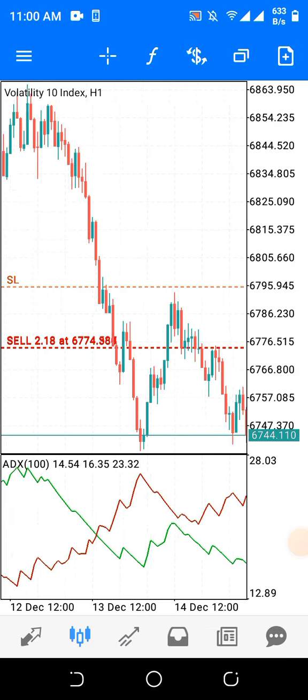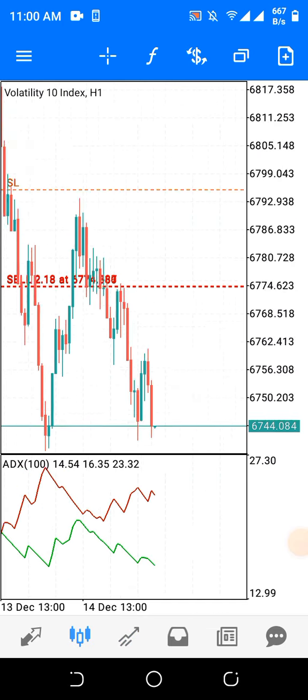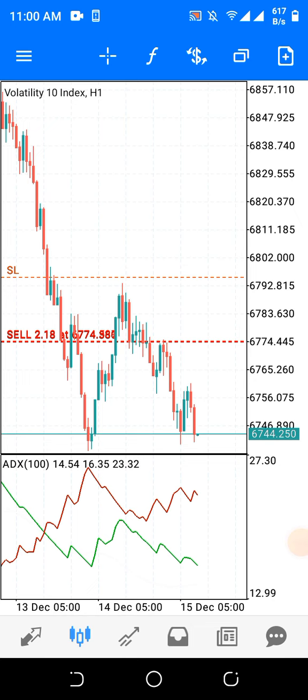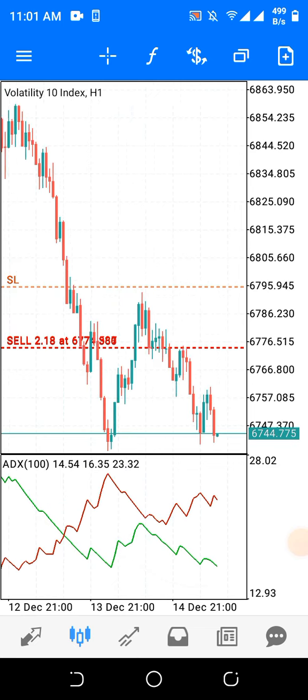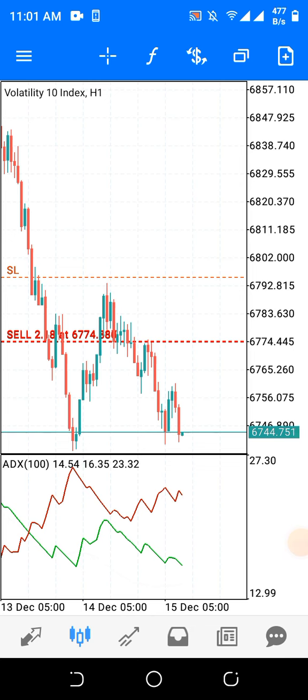From here you now understand why I am on sell. Do you understand? This is Volatility 10 Index. The time frame is the 1 hour time frame. When you look at the chart, you see that there is a kind of support to where it is now.